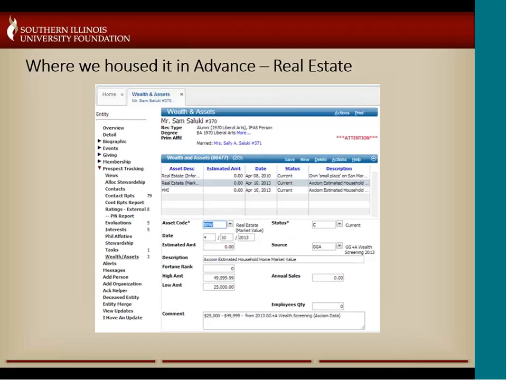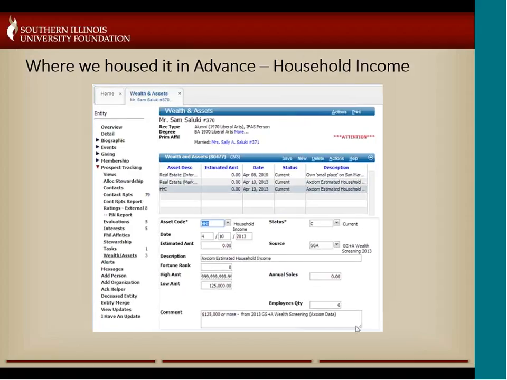So you have to keep in mind that this is a piece of the puzzle that you build based on the things that you know, and use Grenzebach Glier or other screenings to fill in those holes. You can also see their household income, and it estimates that their household income is at $125,000 or more, and I do believe that's the top end of what we got.